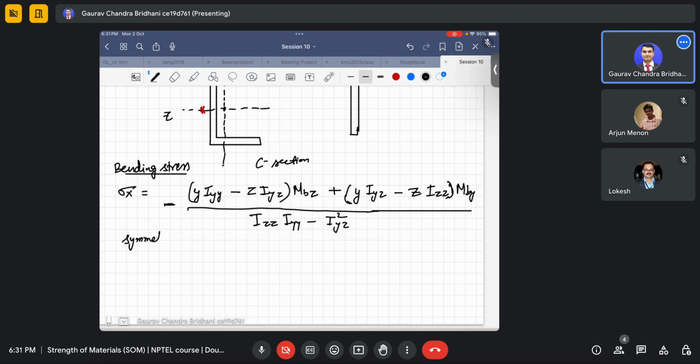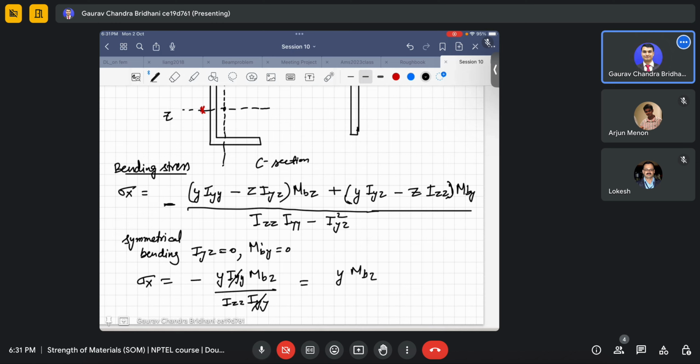symmetrical bending, IYZ is going to be 0 and MBY we also put as 0. So what does sigma x come out to be? It will be minus y IYY, this term goes to 0, into MBZ, MBY is already 0, divided by IZZ into IYY, and IYY gets cancelled, so it will be y MBZ upon IZZ.